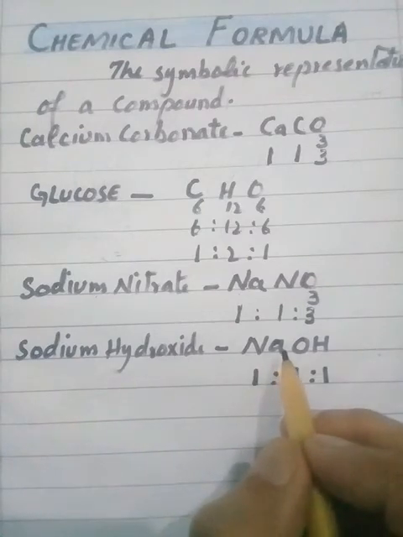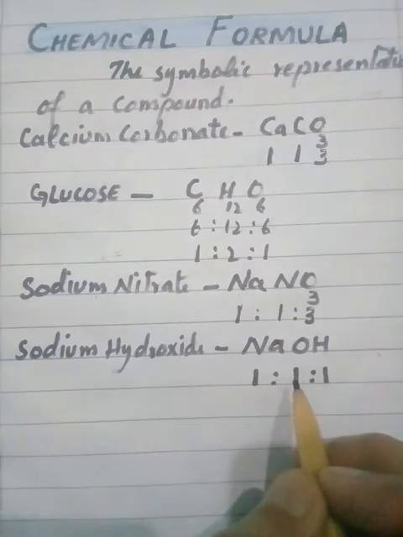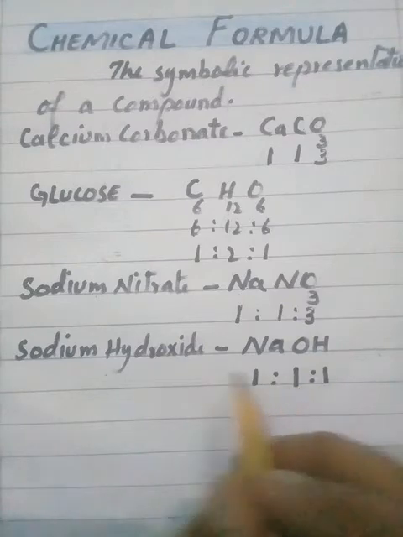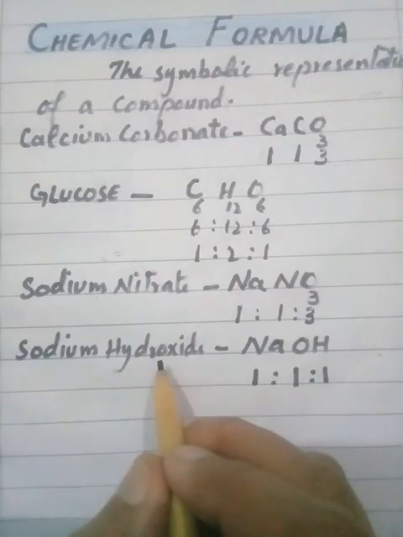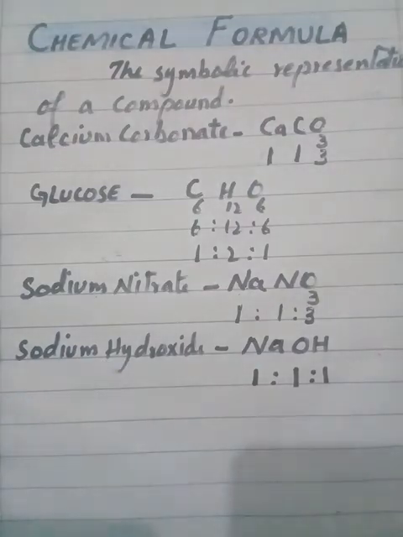That is the symbolic representation of sodium hydroxide, which tells us the types of atoms present in the compound and the ratio of the different atoms present in the compound. Is it clear? Sodium hydroxide is also called caustic soda. What do we call it? Caustic soda.